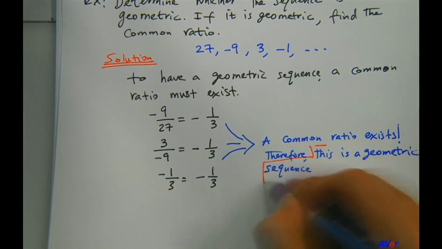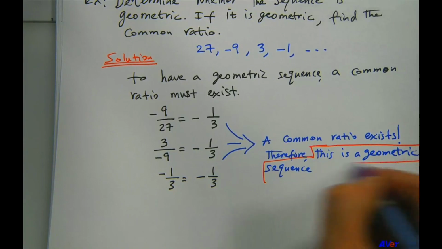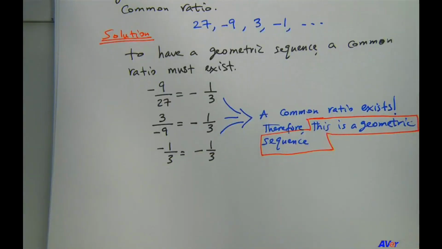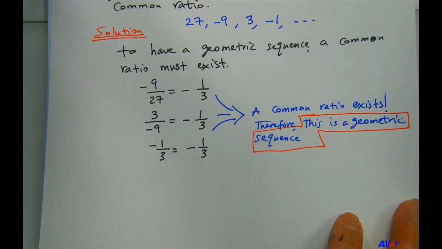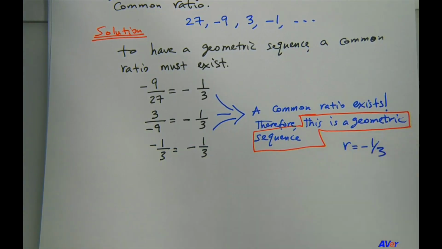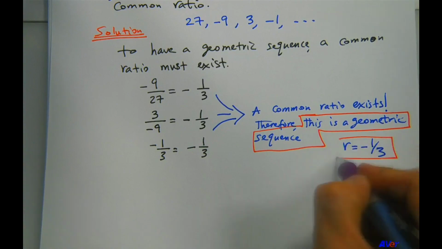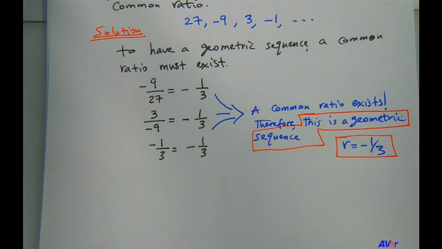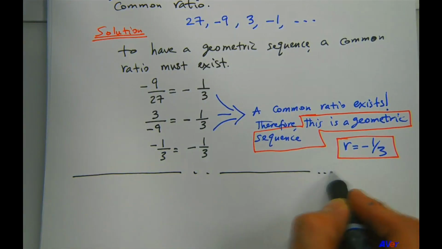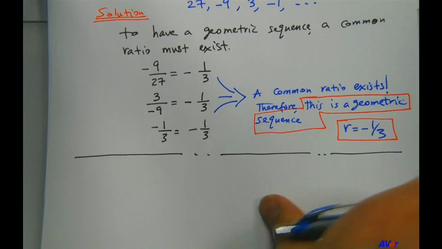So we partially answered the question, and of course let's complete that answer by saying that R is equal to -1/3. Right? So that's that. Okay, so let's do a similar example again.